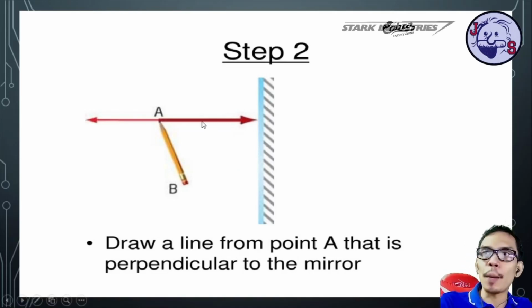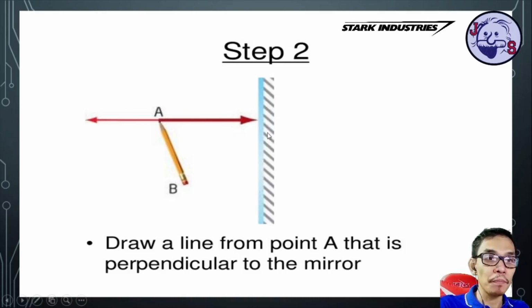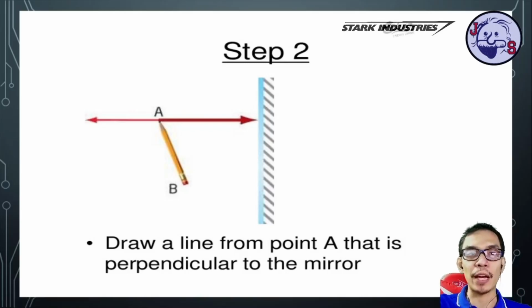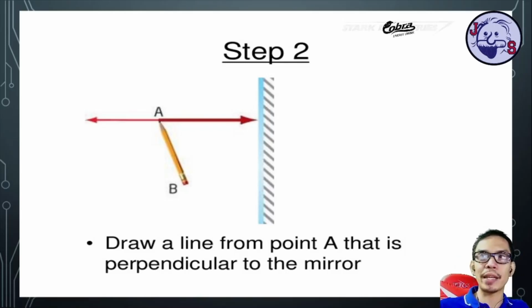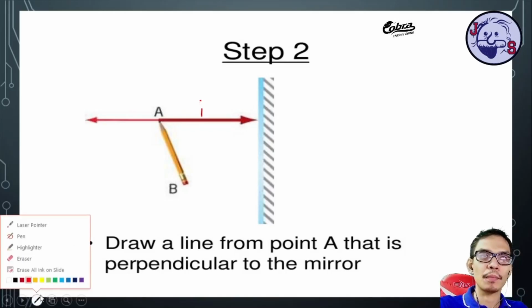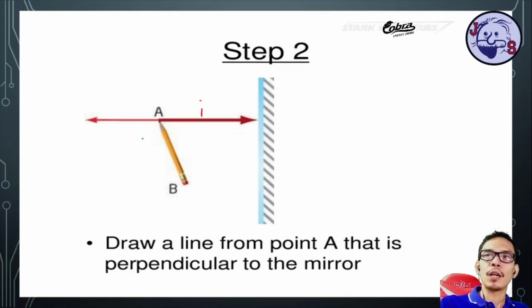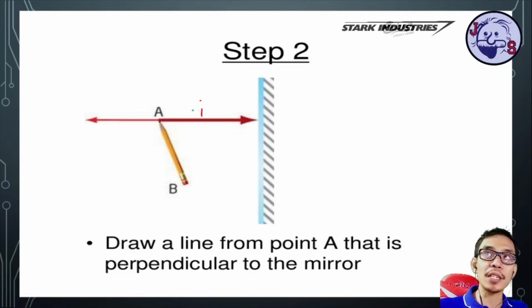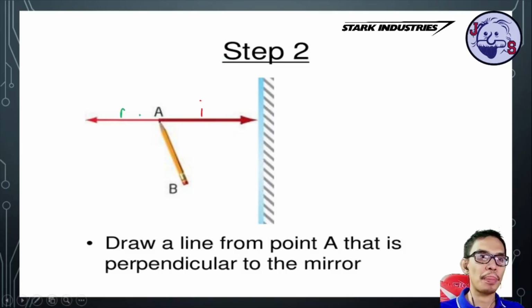First, draw a perpendicular line from the top of the object to the mirror. Always follow the law of reflection. If this is the incident ray, then this is the reflected ray.